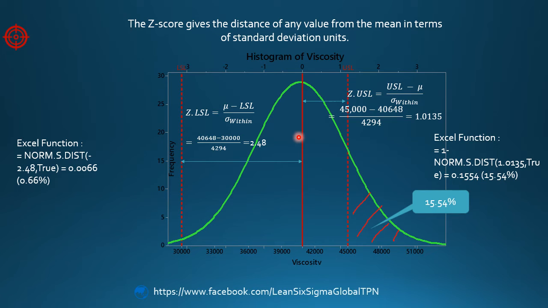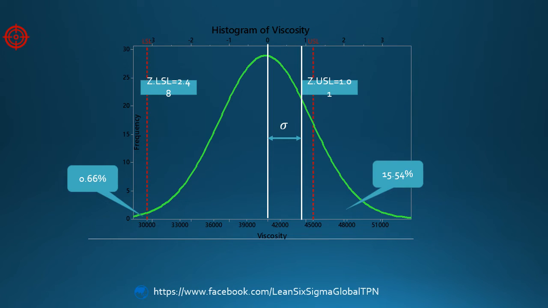And this area is 0.66% of the distribution, so we would expect 0.66% of paint samples to have viscosities below the lower specification limit. The total percentage outside of spec is simply the sum of these two percentages.